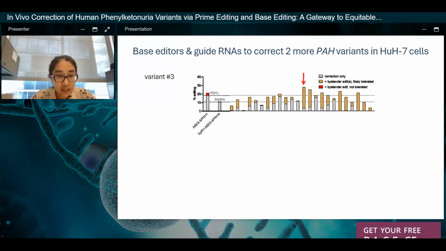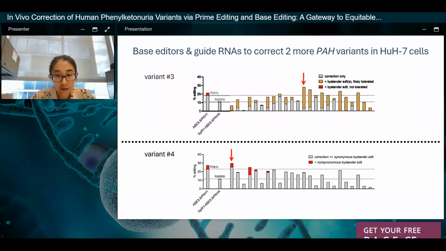As you can see here, I highlighted the best results for variant 3, which is better than the one of the standards, P281L. Also for variant 4, we did the same screening and identified an editor and guide RNA combination that works better than P281L.